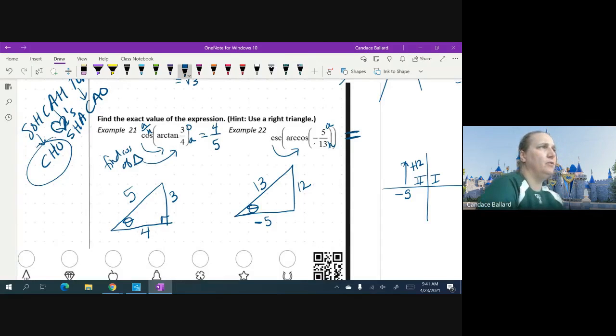Give me the numbers for cosecant. All right, good job. 13/12.